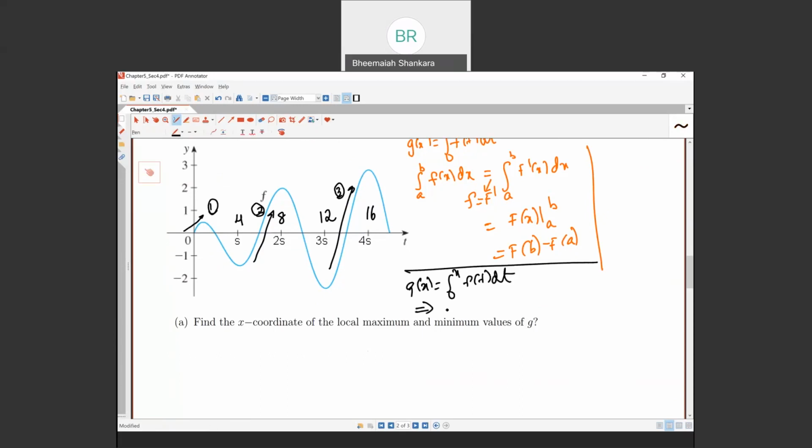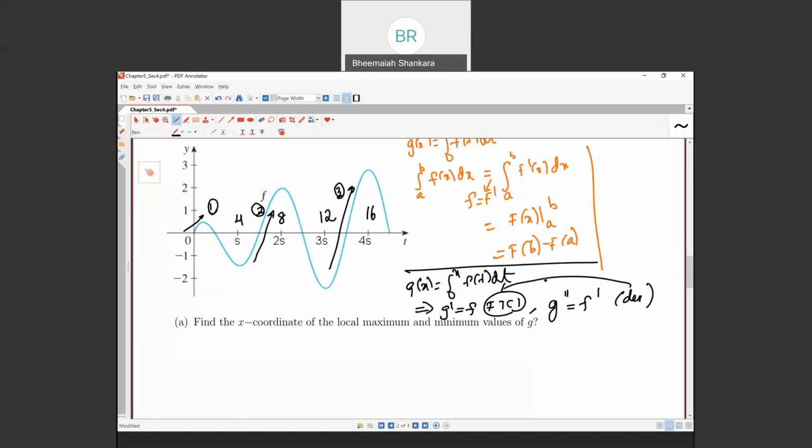I can write g prime equal to small f, which means I used FTC1. And I can write g double prime, I'm differentiating again, equal to f prime, which means I did differentiation of this previous step. I get g double prime equal to f prime.